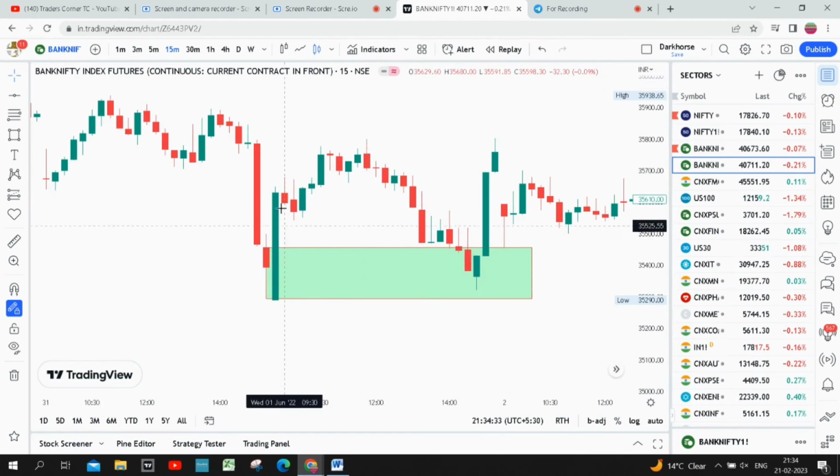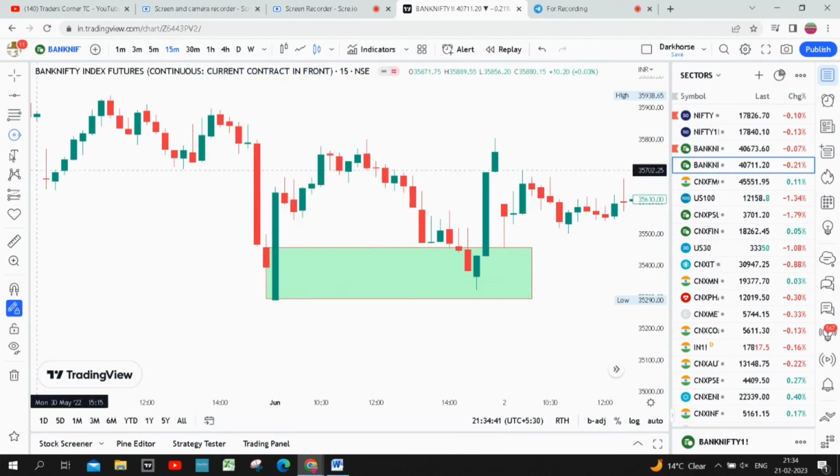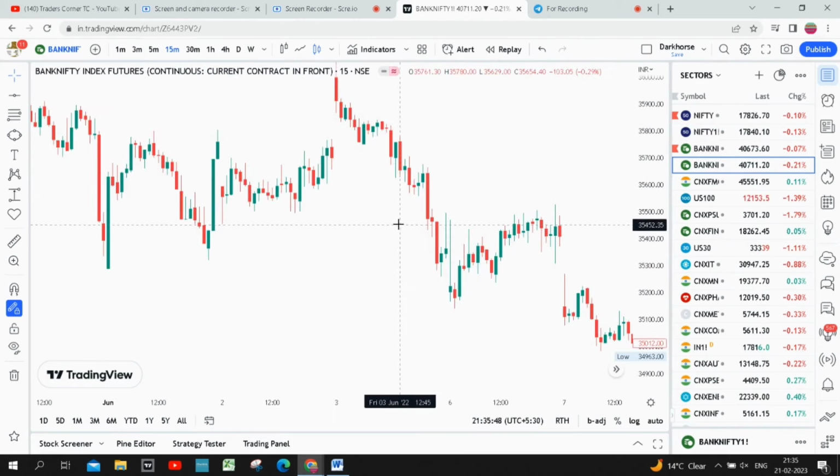This is shown only to show you how to identify a buying or selling candle. So you need to identify this kind of candles. I will go to the next scenario.